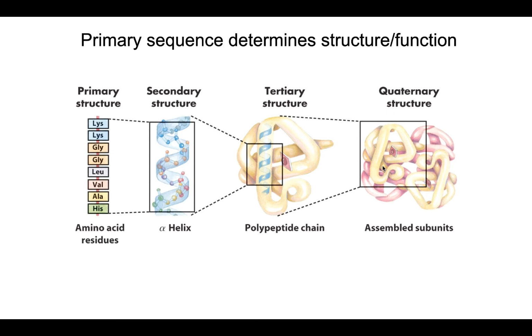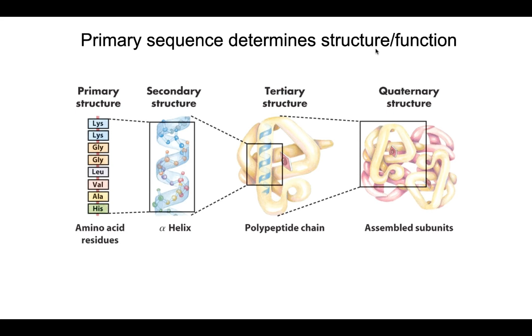Okay, so the quaternary is dependent on the tertiary, which is dependent on the secondary, and the secondary is dependent upon the primary structure of amino acids. So it's the sequence of amino acids connected via peptide bonds that determines the secondary, the tertiary, and if possible, the quaternary structure of that protein and therefore the function.